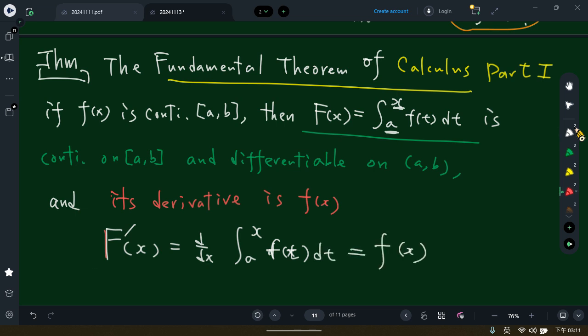So you can see I try to differentiate the big F of x, then you can get the small f of x back. This is the fundamental theorem of calculus, part 1. So of course we have part 1, then we have part 2. Okay, so maybe let's just call it a day. See you next week.